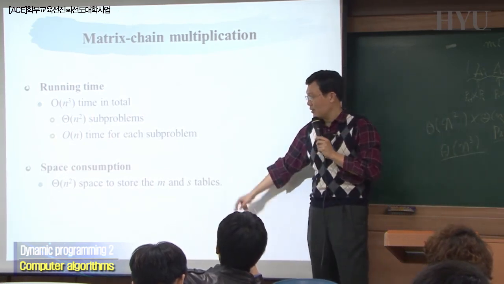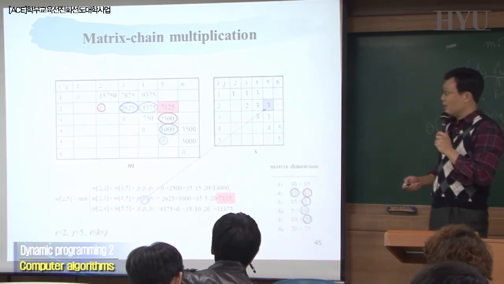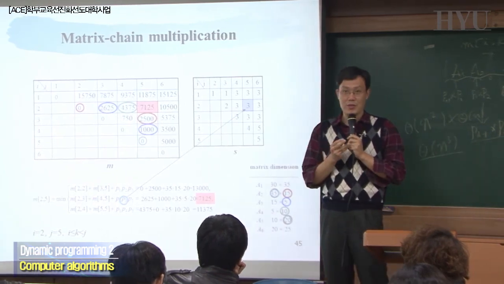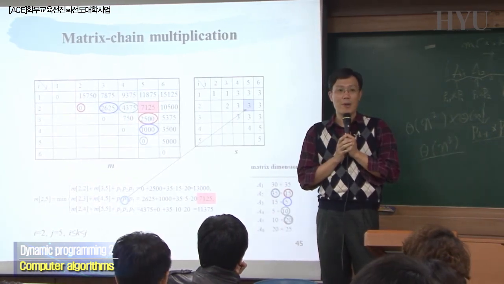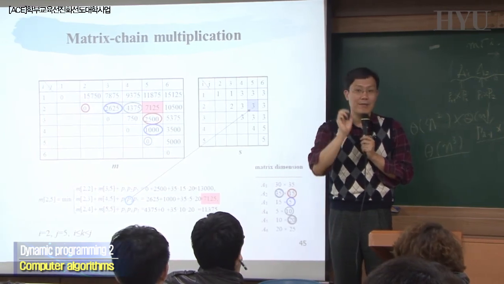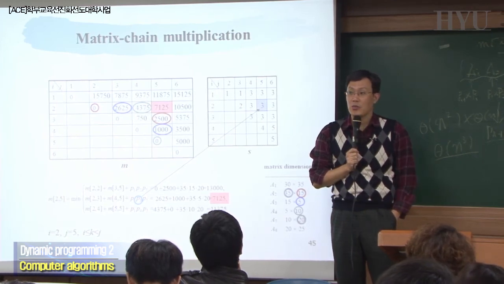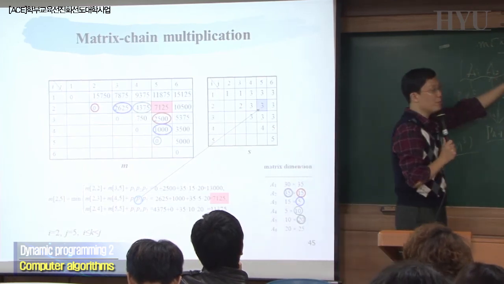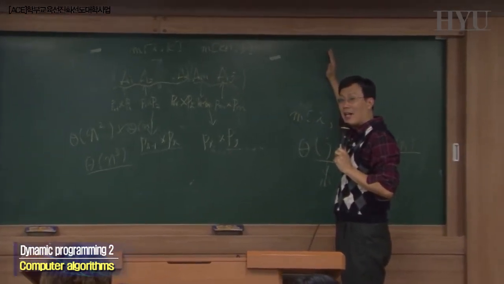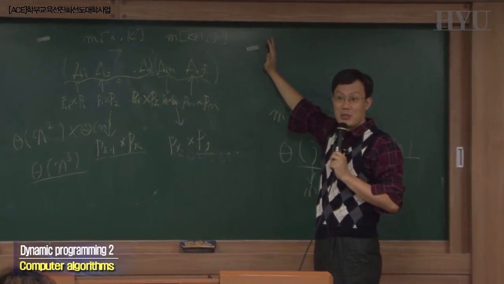Okay, and I explained the space consumption. And then I'll ask you a question like this. Do you remember that we could reduce the table F in the assembly line scheduling case? When we compute the stations in column I, we use only the values in column I minus 1.